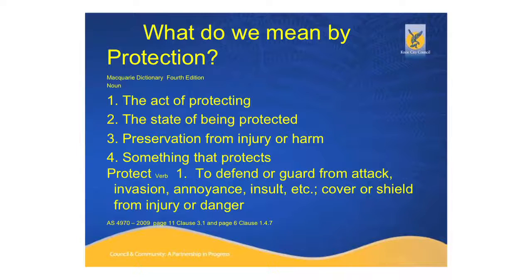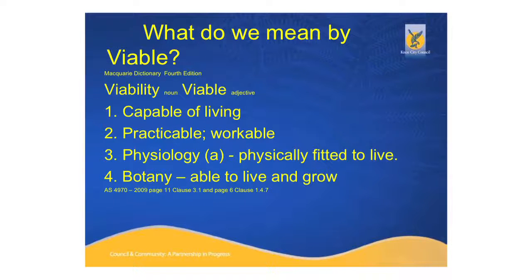What do we mean to keep a tree viable? Viability being the noun and viable being the adjective. When we go down to the botany meaning of that, it is able to live and grow, and the physiology meaning of that is physically fitted to live.